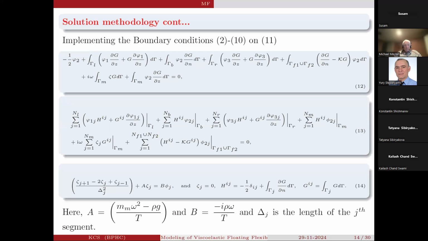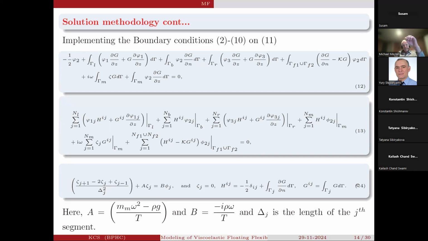And we have the membrane dynamic boundary condition, which we need to solve with the help of the finite difference method, or the central difference scheme we are using here, which can be denoted by equation number 14.